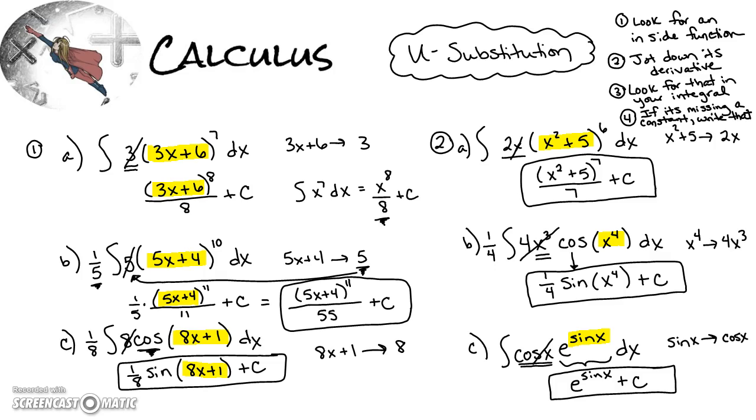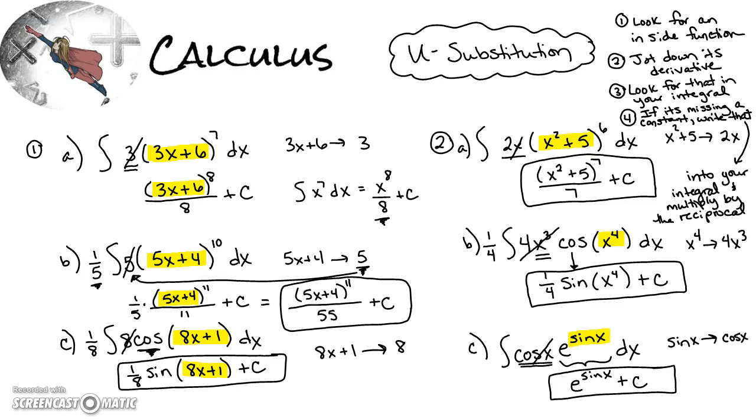I'm running out of room, I'll put it down here. And multiply by the reciprocal. Okay, and then once it's all set up and ready to go, you take the antiderivative of the outer function and you simply rewrite the inside function as is.